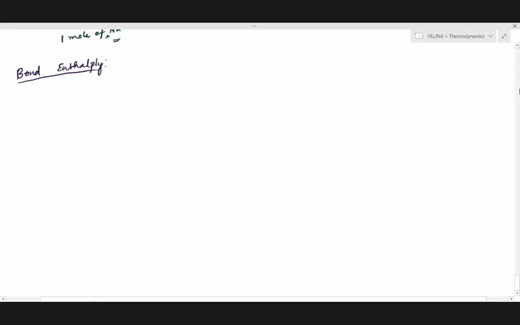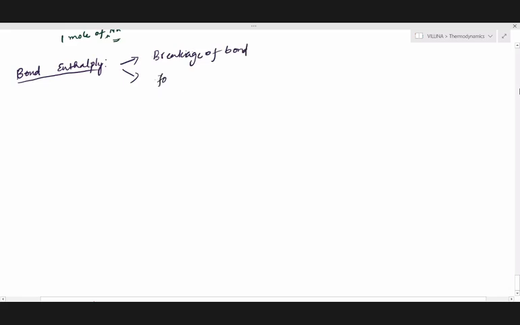So this bond enthalpy will be discussed in two scenarios. One is when we are breaking a bond, and the other is when we are forming a bond: formation of new bonds and breakage of bonds.